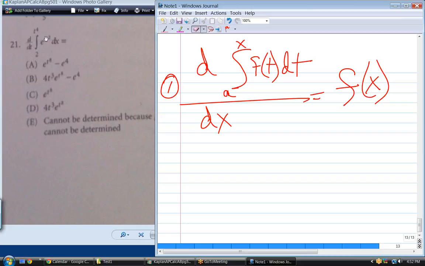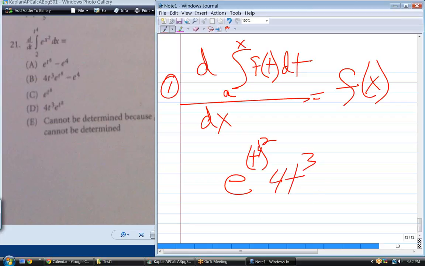In other words, I'm going to substitute t to the fourth for x, so my answer starts out as e to the t to the fourth squared, but then I have to multiply it by the derivative of that, which is 4t cubed.